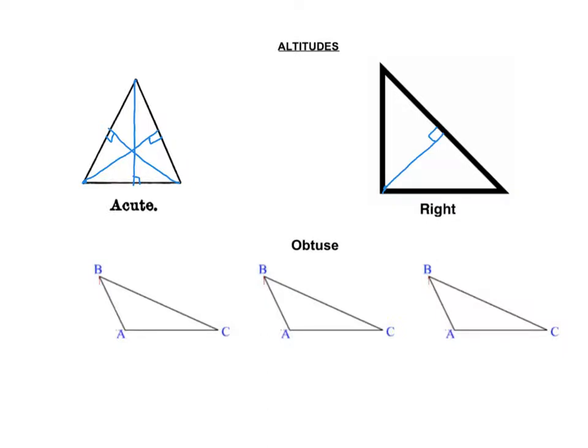If one is starting at B, then we need to make a perpendicular bisector. So that's straight down right here. So it makes a perpendicular bisector. So that's one way. Say we started at A.